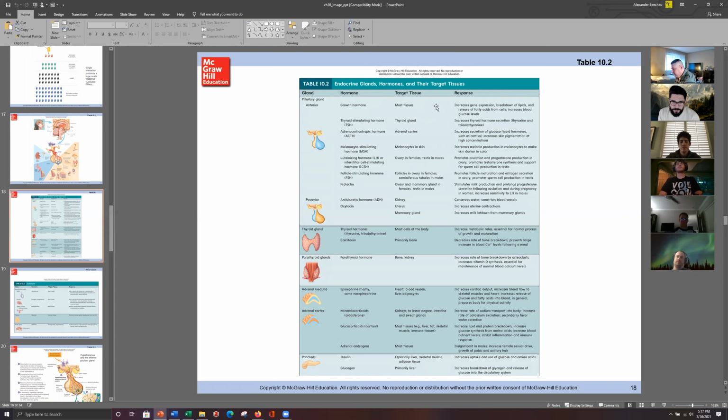So for example, something like growth hormone acts on most tissues. Its response in those target tissues is to increase gene expression. So things like direct transcription modification, breakdown of fats and release of fatty acids from cells, and can increase blood glucose levels if needed so that we can mobilize that sugar elsewhere in the body where we're in need of an extra energy source.